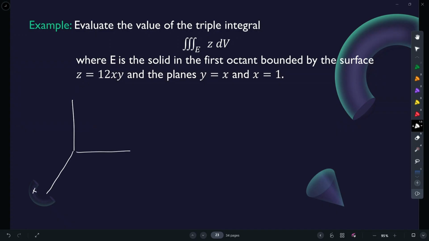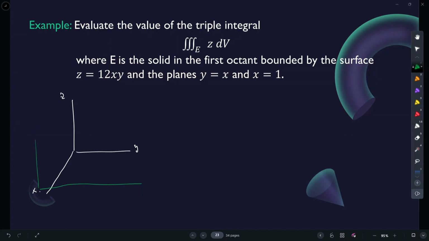So this is x, y, and z. I'm going to be integrating in this region, only in this first octant, where x, y, and z are positive. I have x equals 1.